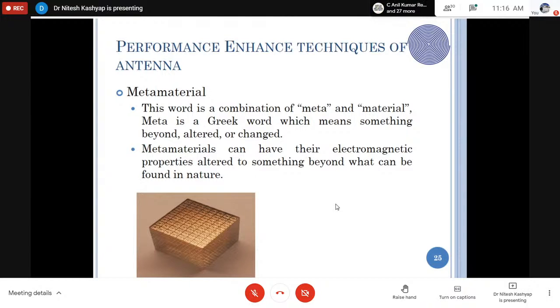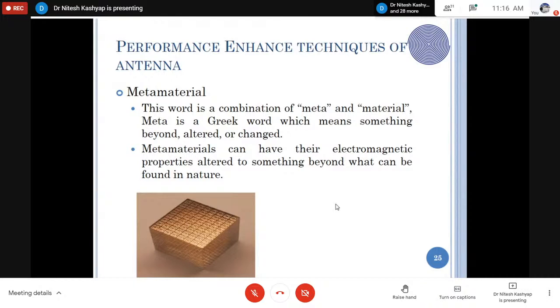So metamaterial is not possible in nature. What I mean to say is that the materials that we find in nature are not metamaterials.